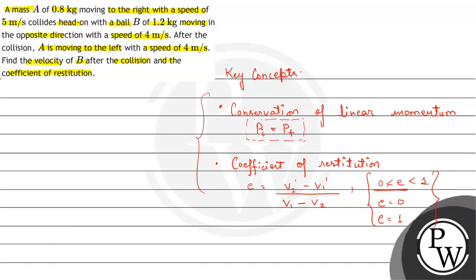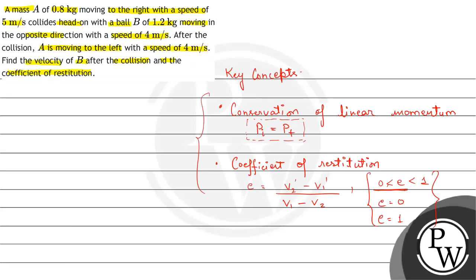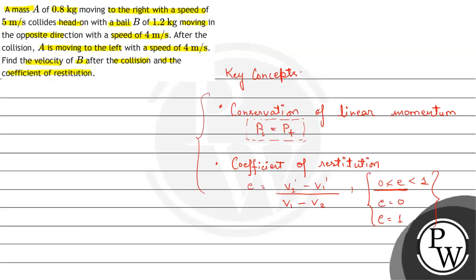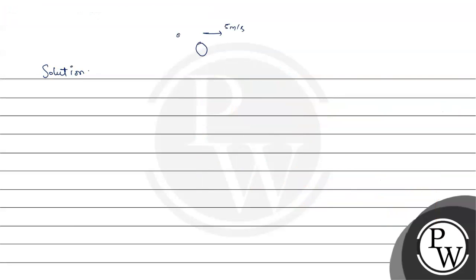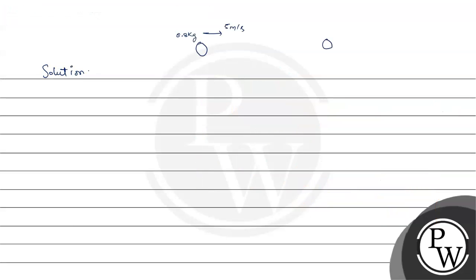Keeping these two key concepts in mind, let us check our solution part. We are given that ball A is moving in this direction with a velocity of 5 meter per second, and its mass is 0.8 kg, and ball B is moving in this direction with 4 meter per second, and its mass is 1.2 kg.